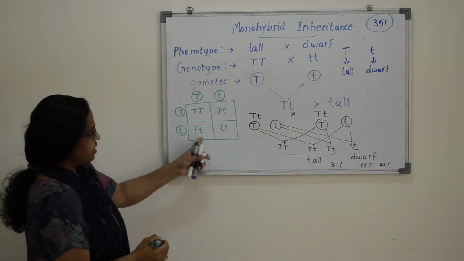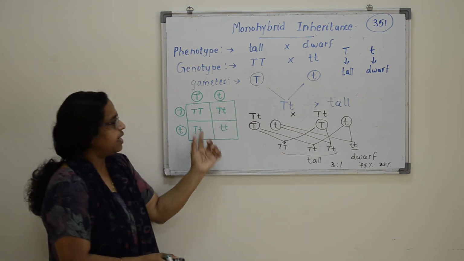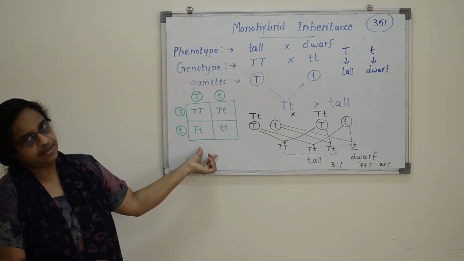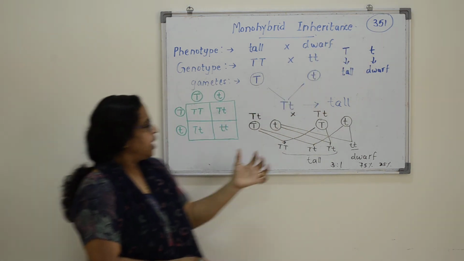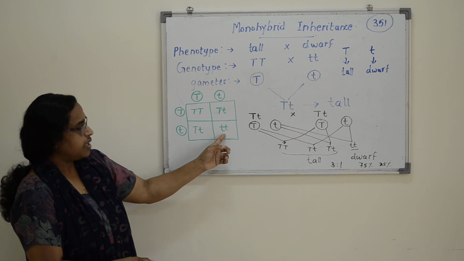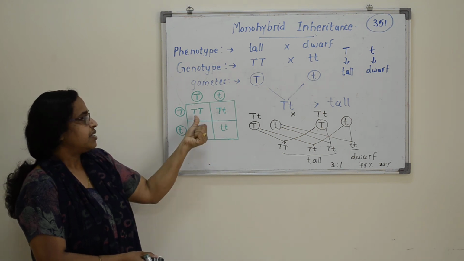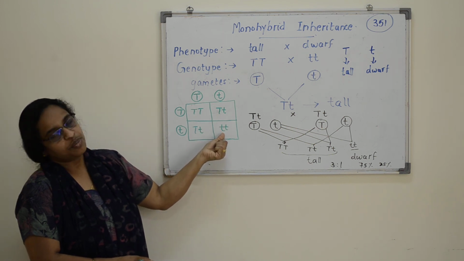So here also you can see the same thing. I have done the same thing with the grid, and this is known as the Punnett grid. Okay. You can refer to page number 351. So you can see the same thing, 3 tall and 1 dwarf, but genotypically it's 1 homozygous tall, 2 heterozygous and 1 homozygous dwarf.